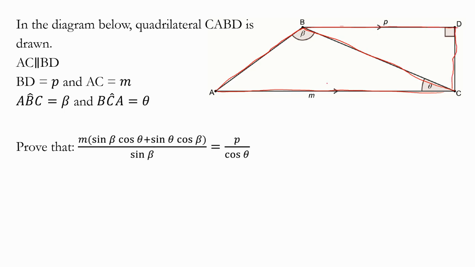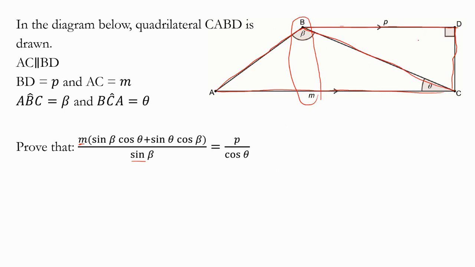When we are given problems that involve triangles that are not right angle triangles, you think of the cosine rule, sine rule, and the area rule. Here we have M over sine beta, which comes from this side and this angle, so we use the sine rule for triangle ABC.